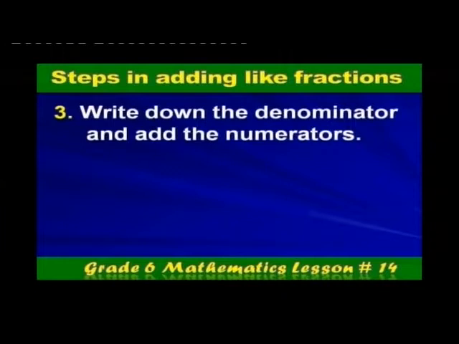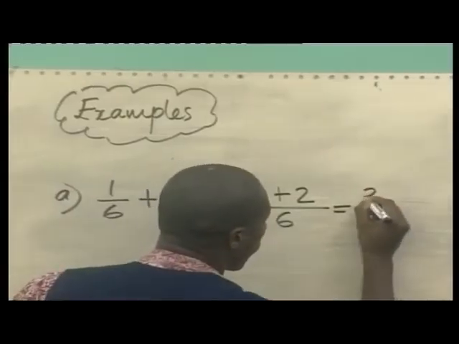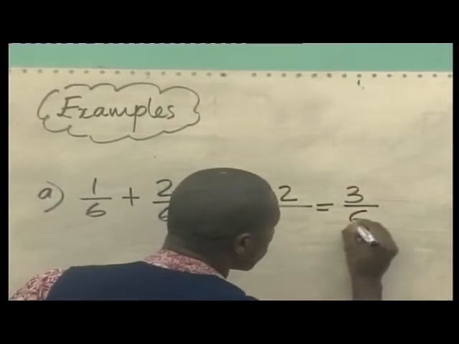And step number 3: write down the denominator and add the numerators. We write down the denominator, which is 6, and the numerators are 1 plus 2. We add the numerators. 1 plus 2 is 3. 3 over 6.